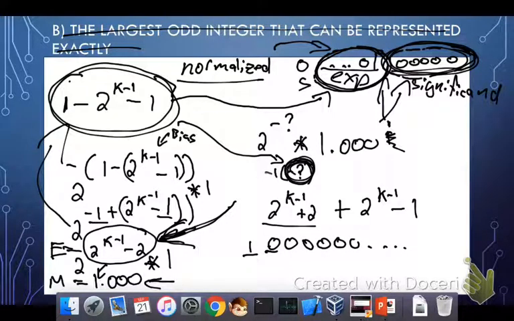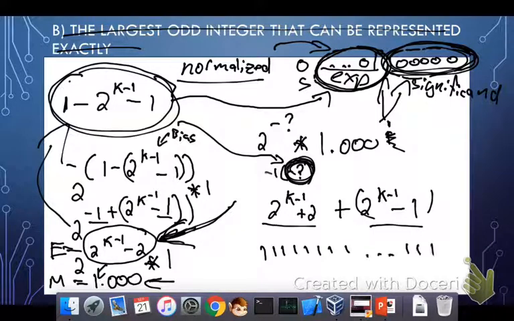Okay? What does 2 to the k minus 1 minus 1 look like? Well, that's going to be a 0 here with 1s in all of those positions. Okay, so if I add those two things together, what do I get? Well, I would have an exponent full of 1s. However, I'm having a hard time in my copying. I put a plus 2 there.